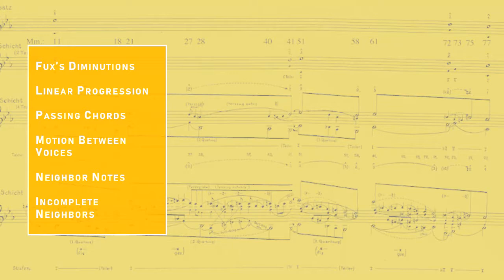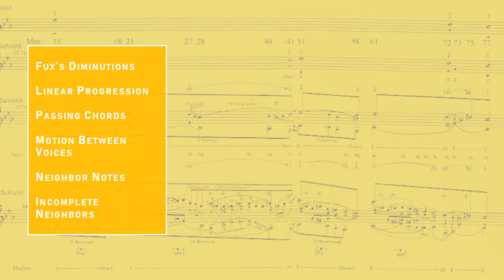The word diminution has various meanings for musicians. Often when we are talking about motivic development, we will use the term diminution to mean a speeding up, the opposite of augmentation. For instance, a fugue subject in half notes might later be presented in quarter notes.